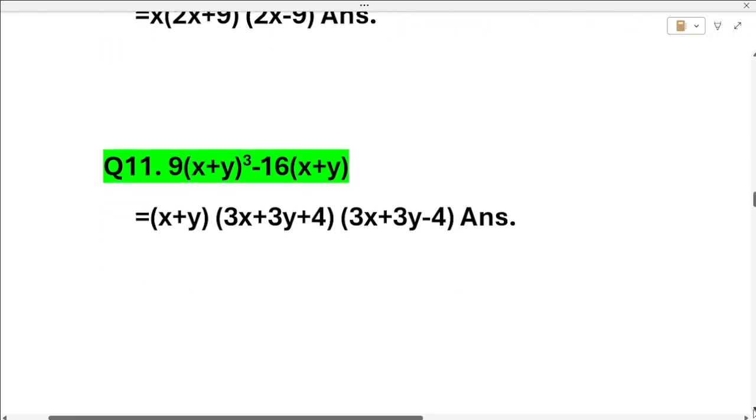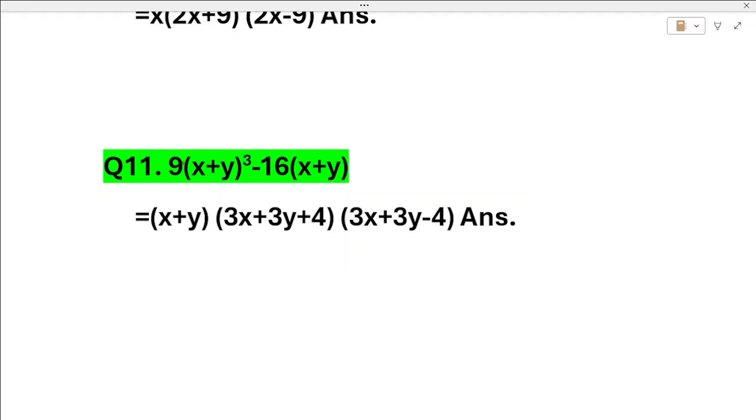Don't panic on seeing x plus y whole cube. It is a cube of a quantity. Just take it like that. Don't see it as a sum or difference of some big terms. So I'm doing it here.